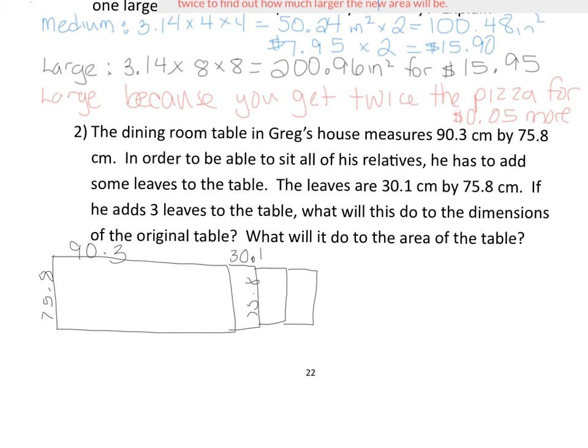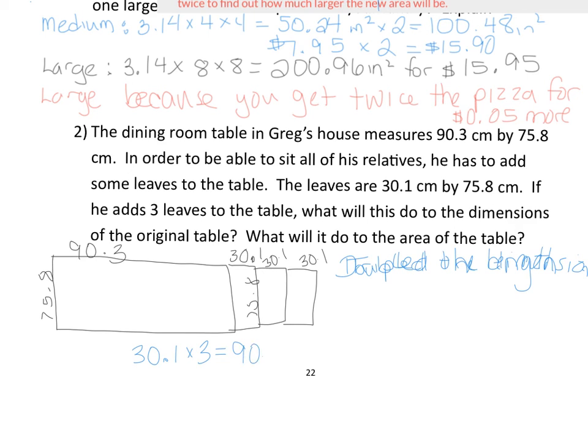So if you take a look, he has not changed the length of his table, or he's not changed the width of his table. His table's just gotten longer. So what did it do? He has doubled the length, because 30.1 times 3 is equal to 90.3.